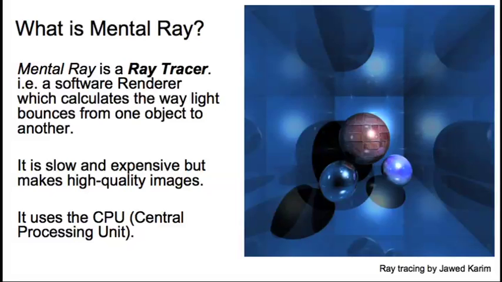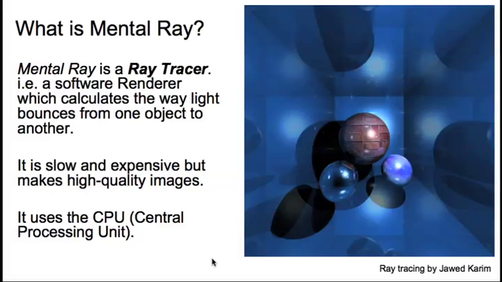And Mental Ray is a ray tracer. It comes free with Maya. You get it as part of the package. And it is a ray tracer, which means that it is calculating rays. It is calculating the way that light bounces from one object to another. This uses a different part of your computer. It uses the CPU, or central processing unit. And it is slow and expensive.